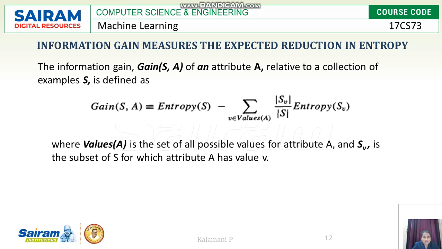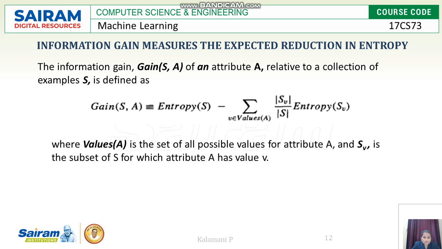Now, how can we calculate the information gain of S comma A? S is the general collection, and A is a particular attribute. Gain of S comma A is equal to entropy of S minus the summation over v belonging to values of A of modulus of Sv divided by modulus of S times entropy of Sv.